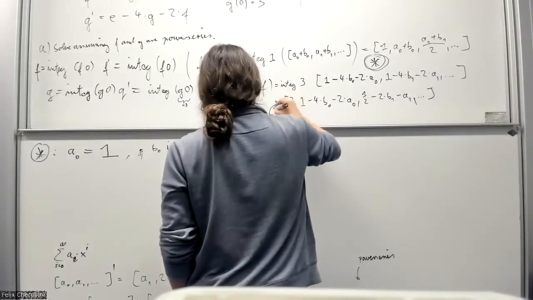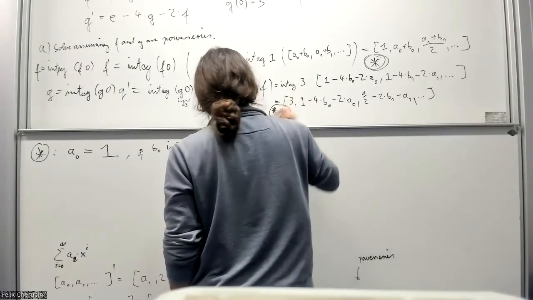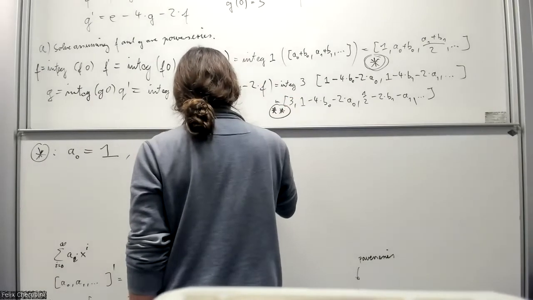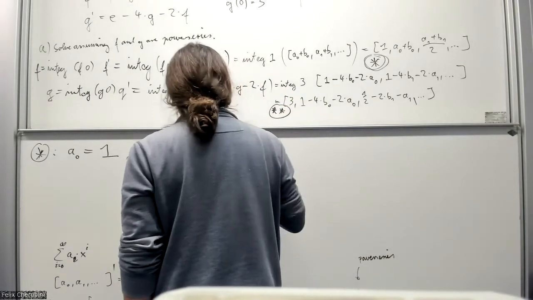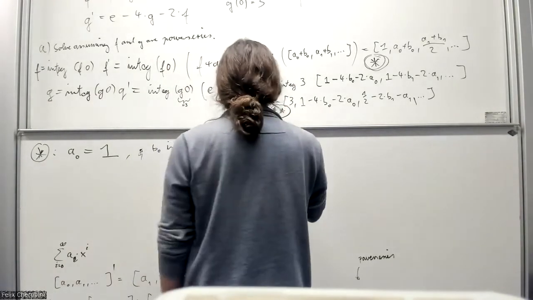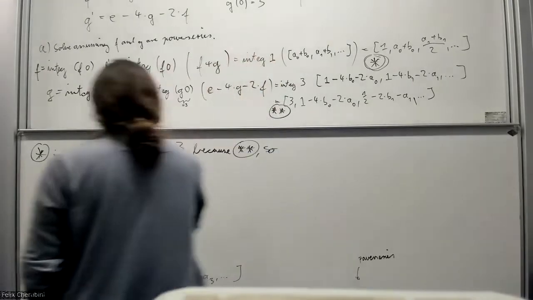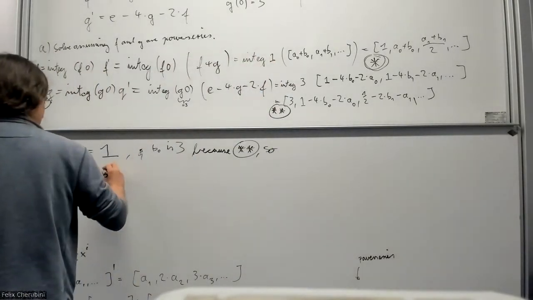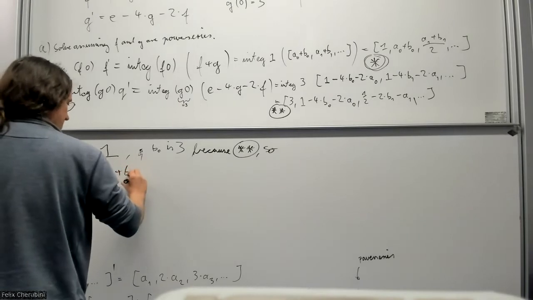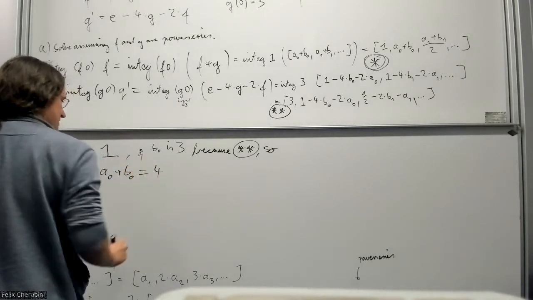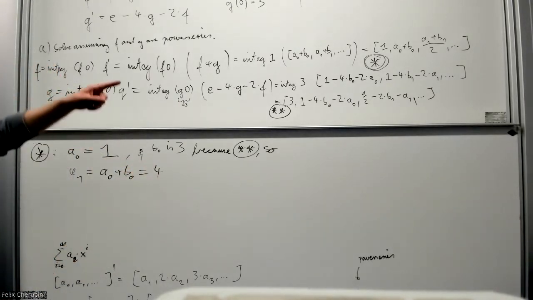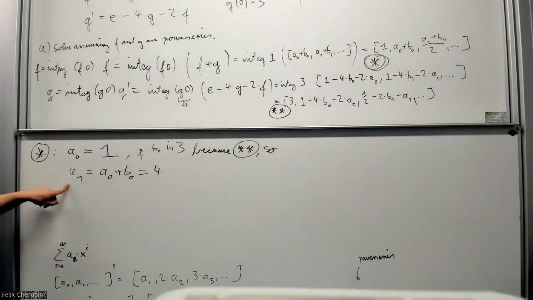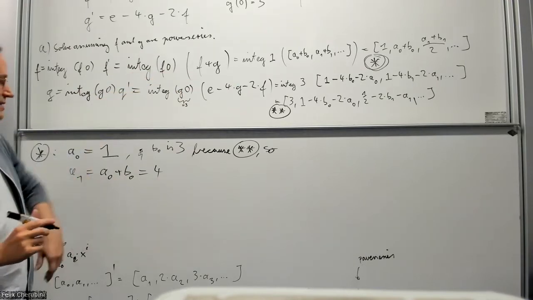Maybe call this one star star, something like this. So A1 is A0 plus B0, and that's 4. Okay, so the next one is A1 plus B1.